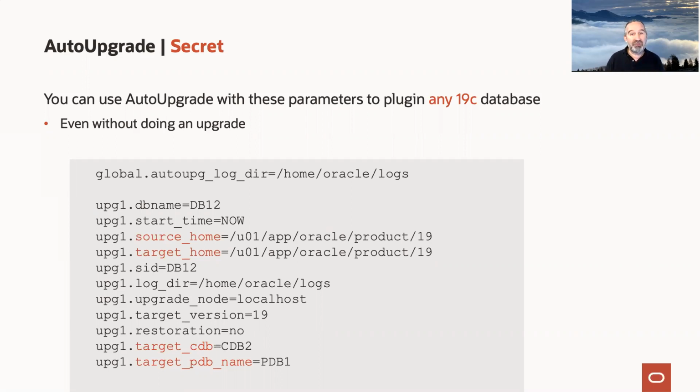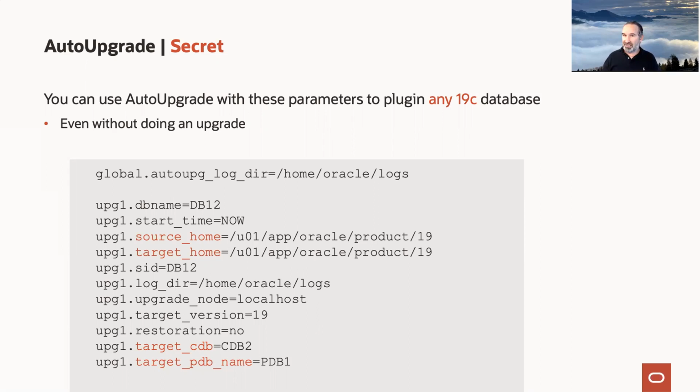Even if you have upgraded to 19c and you intend to move to a PDB, you can advise AutoUpgrade to do that. So what you do, this is the config file, and the source and the target home, you see it's identical here. And you say target CDB, this is the CDB you would like to plug in, and you can even rename your non-CDB to a new PDB name.